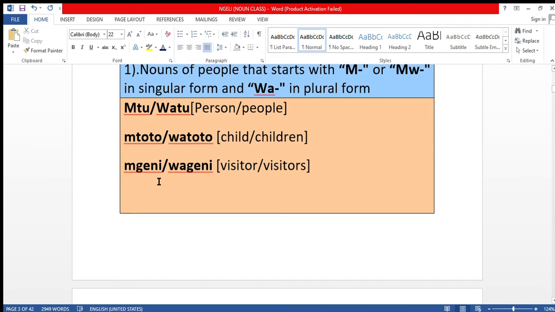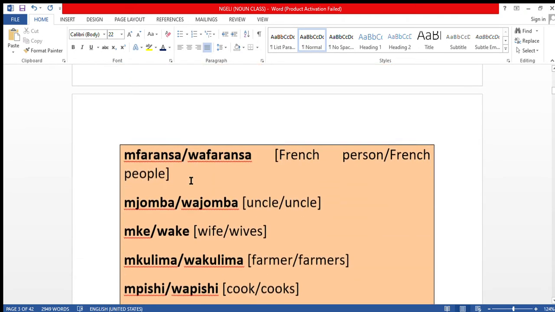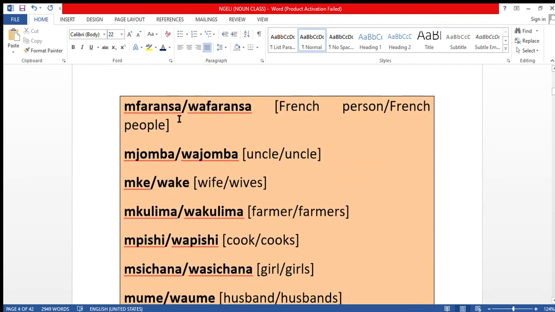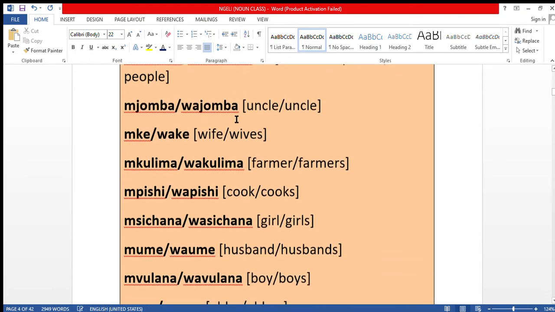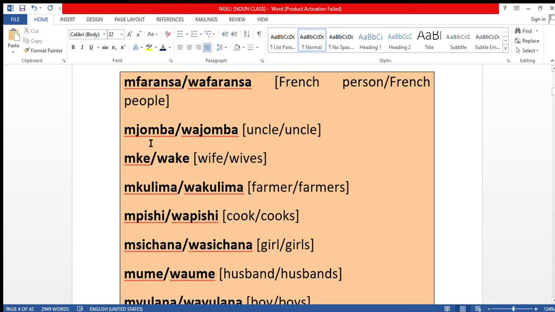Mgeni, wageni. Mfaransa, wafaransa. Mjomba, wajomba.